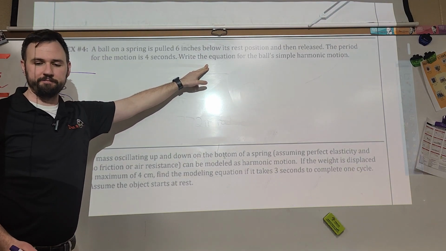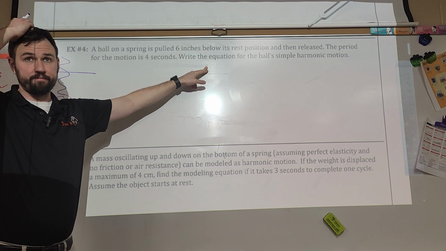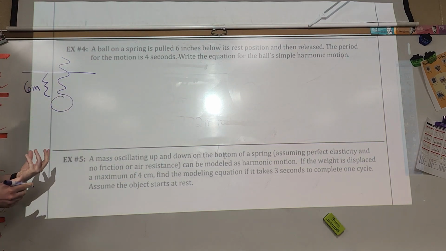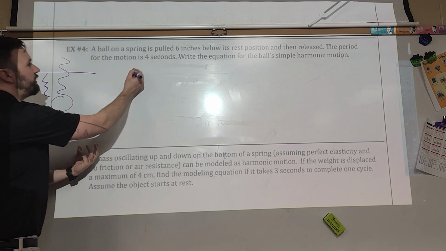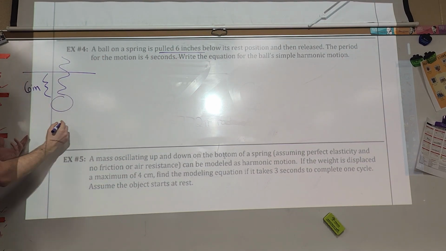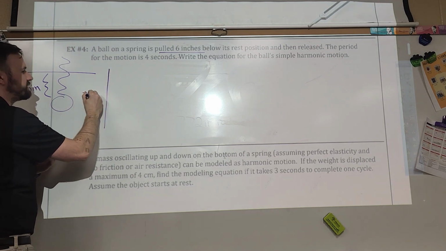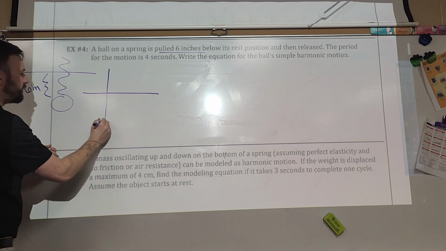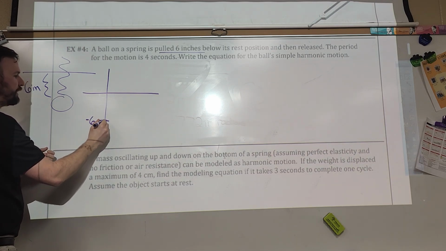What's the equation? Where are we starting? We're starting below, so we're going to start 6 inches below. So let's think about this as a graph for a second. We're going to start at -6, and we're going to release it.